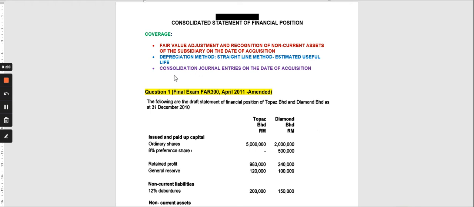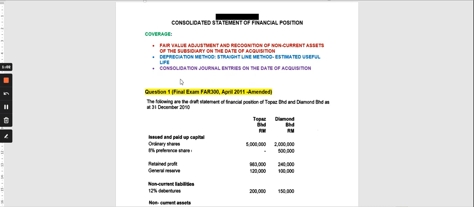For today's session, I'm going to focus on a depreciable asset as well as a non-depreciable asset, where it will adopt the straight line method, and the depreciable asset will be depreciated based on the estimated useful life. And apart from that, we will also learn how to calculate goodwill as well as provide the consolidation journal entries on the date of acquisition.